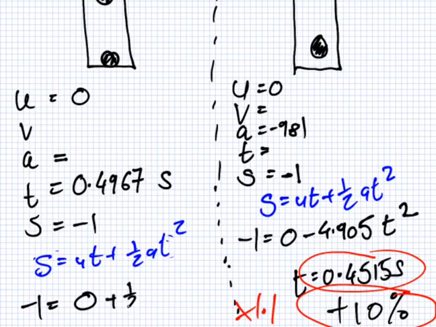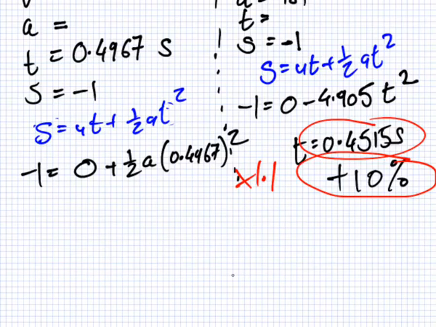I want, because I don't know the V, what formula could I use? S again? Yeah, we can use the S one. So S equals UT plus a half A T squared.